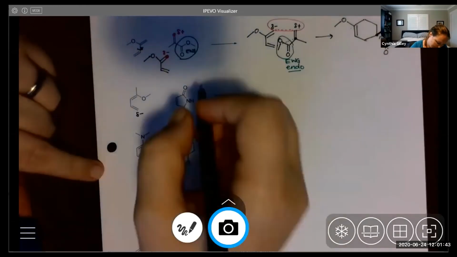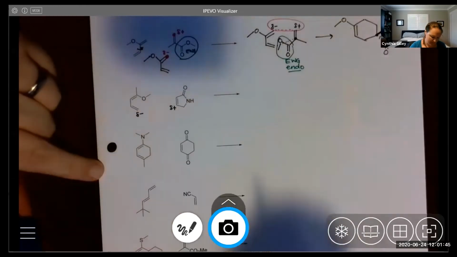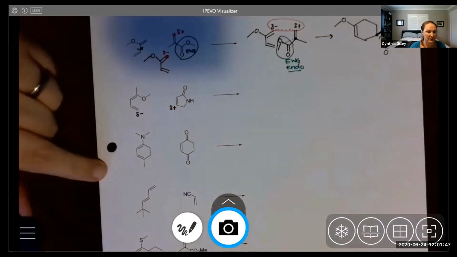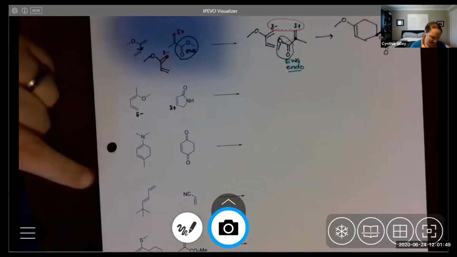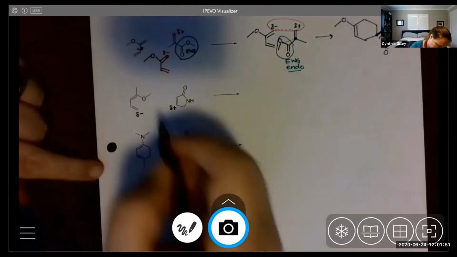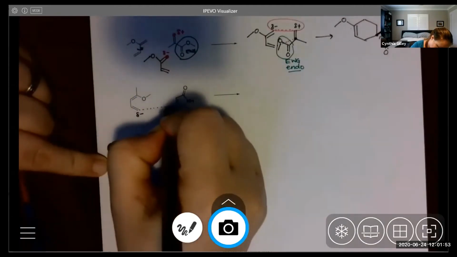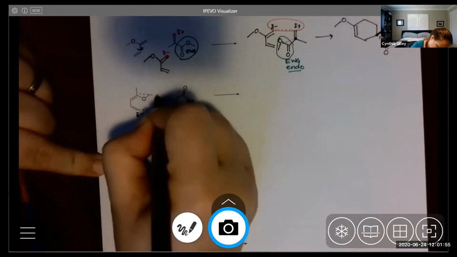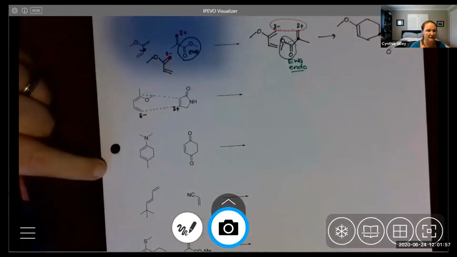And the positive is always furthest away from the electron withdrawing group. So these are actually nicely aligned already. We don't have to do any flipping, because the alignment is already correct. That's helpful.